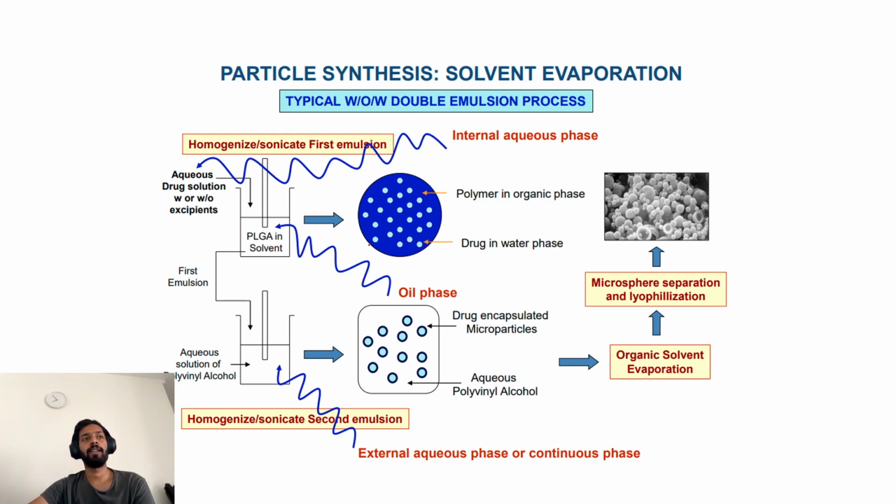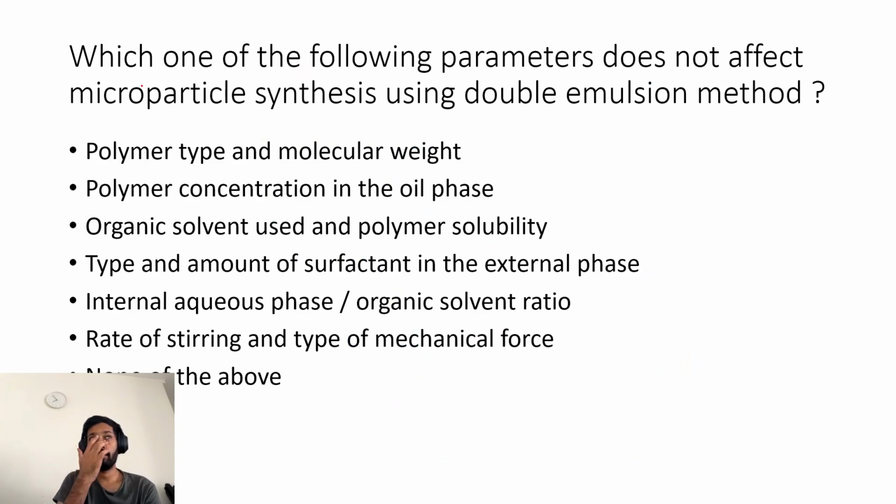The solvent will evaporate, leaving you with your microparticles, which are basically oil phase that contain your aqueous phase drug. So your aqueous phase drug is inside, and it's surrounded by this oil phase PLGA or whatever it is, right? So that's the double emulsion process, and they're asking what are the factors that do not affect this process.